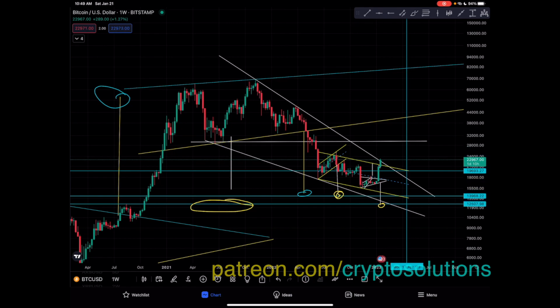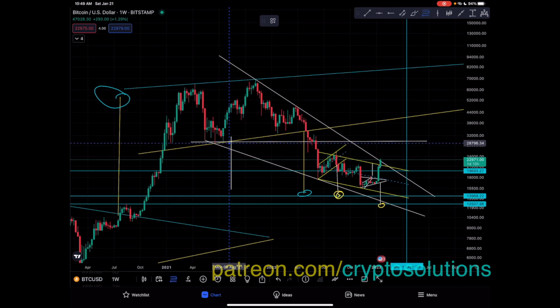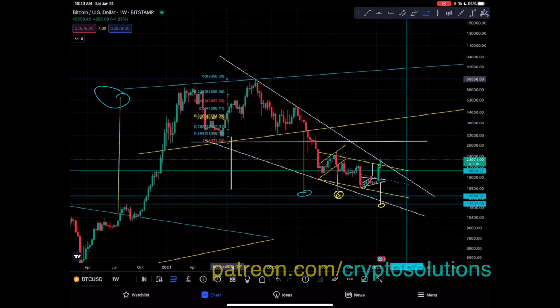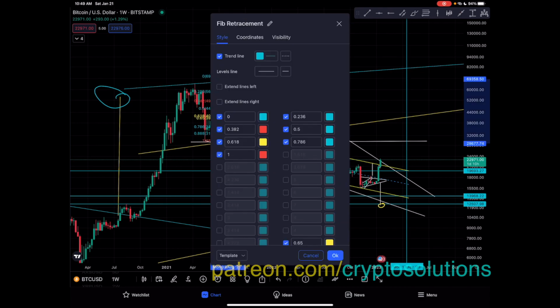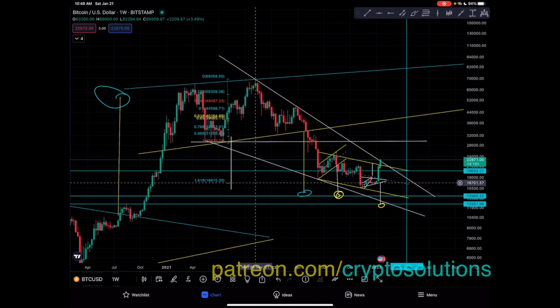Why am I also leaning to that? Because if we use the reverse Fibonacci retracement, which is a very valid tool right here, we can see here that this target has been met there also.